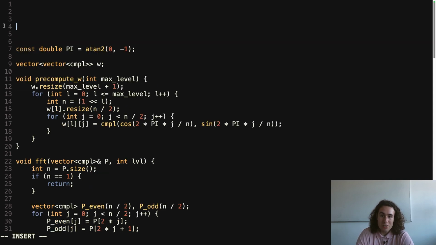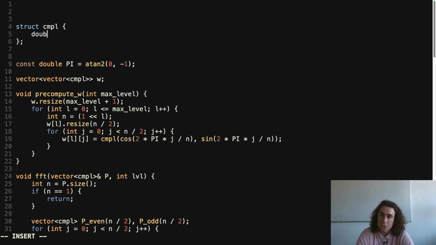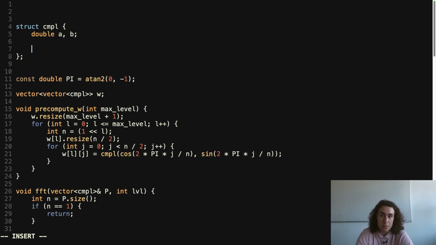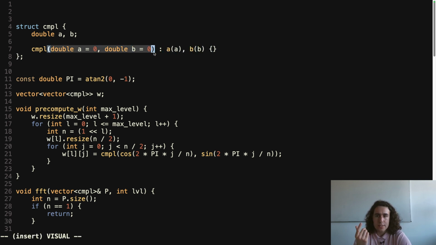So let's make our own complex numbers. We just need a bunch of simple operations. We're just going to store two values a and b. So it's going to be a complex number a plus bi. We start with some initialization, right? a of a, b of b. If we pass only one value, then it's a real number, so b is 0.